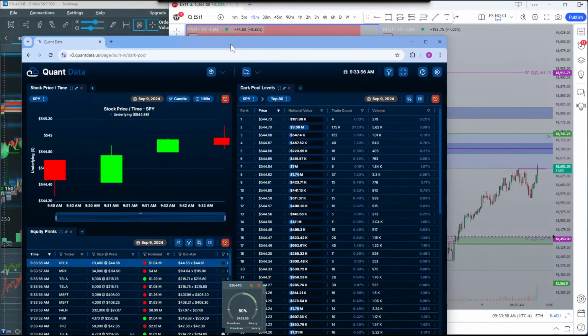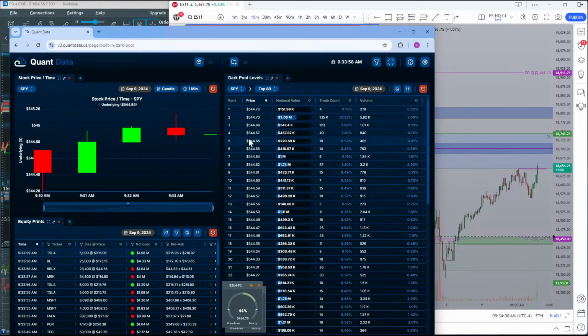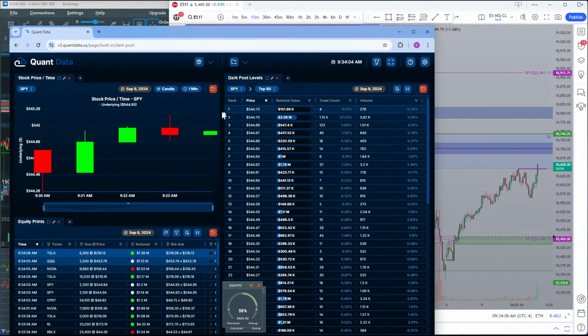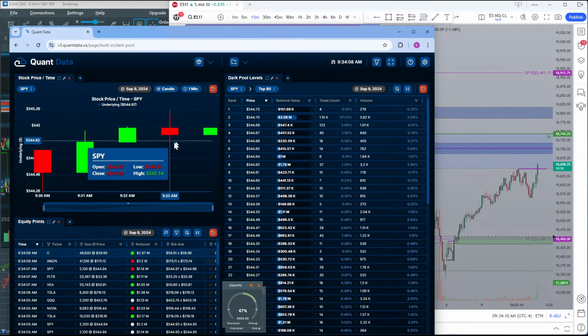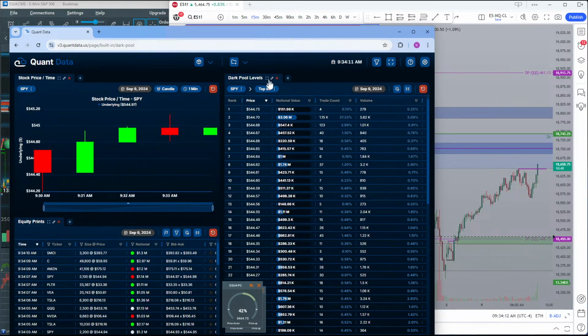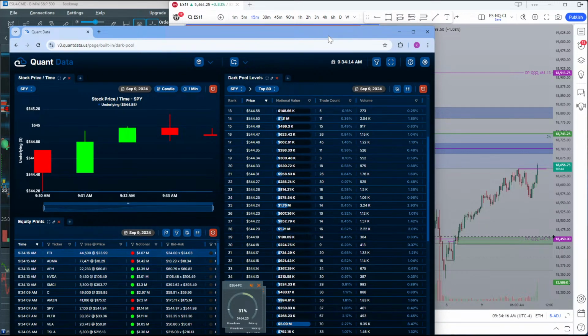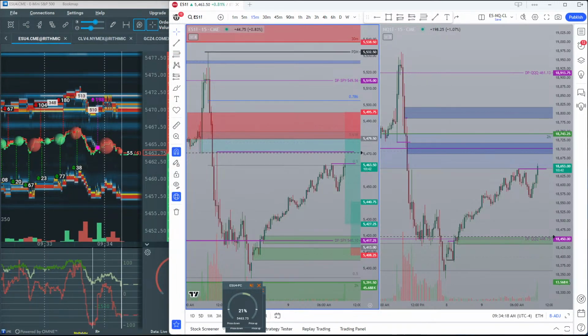Dark pools. Let's check out our dark pool levels real quick. Dark pools on SPY by price, 544.73. So we're sort of at a dark pool right now. And we might want to make our way lower, because I don't see any more dark pools higher than up here right now. So we're going to be patient.